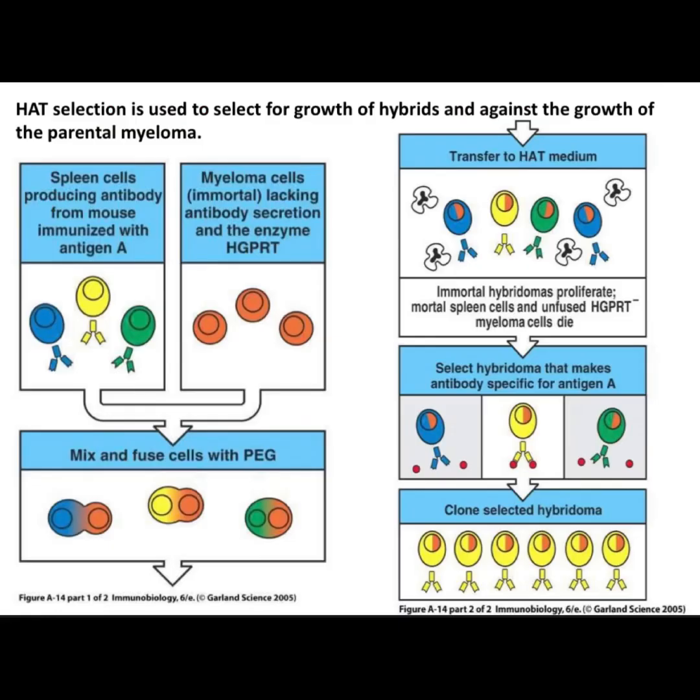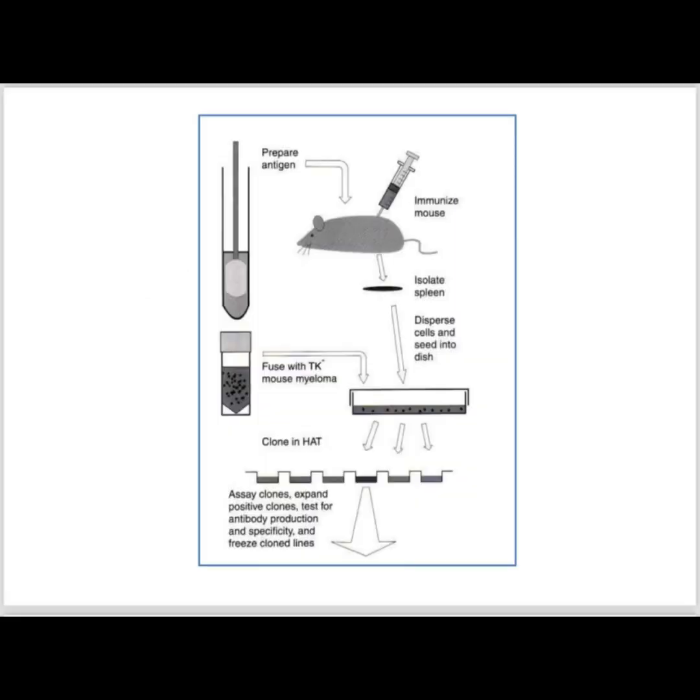HAT medium is used to select for growth of hybrids and against the growth of parental myeloma. Spleen cells producing antibodies come from a mouse immunized with antigen A. Myeloma cells lack antibody secretion and the enzyme HGPRT.